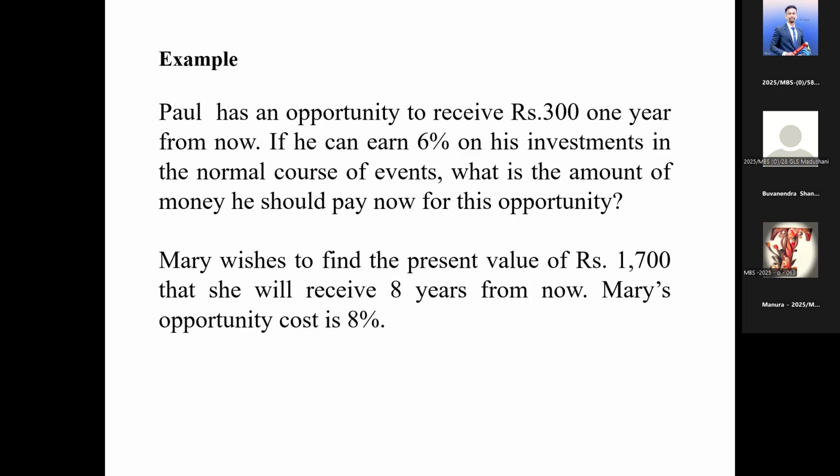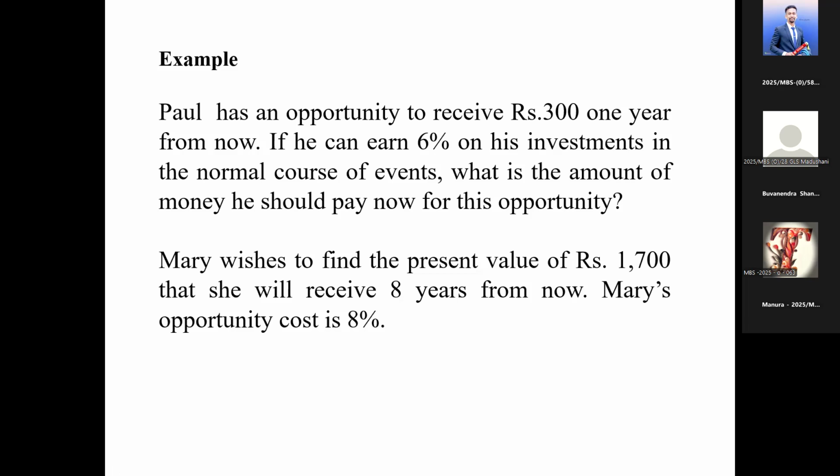So here I consider two numerical examples to understand this. This is very simple. Paul has an opportunity to receive 300 rupees 1 year from now. If he can earn 6% on his investment in the normal course of events, what is the amount of money he should pay now for this opportunity? So first is the present value of this 300 rupees at 6% rate, with a time period of only 1 year.